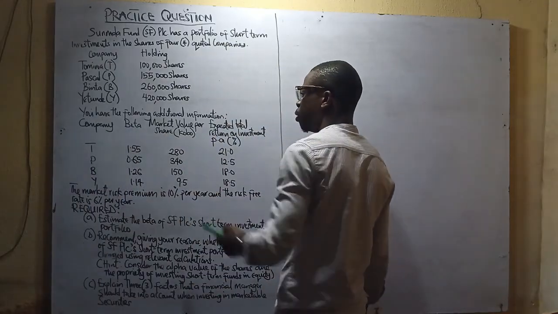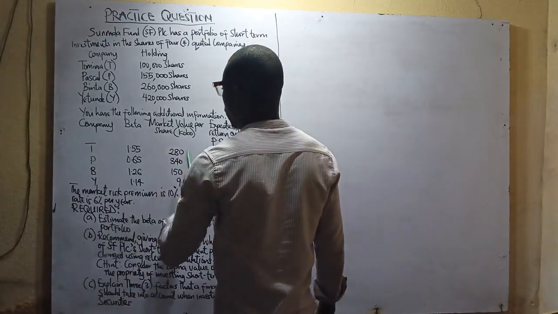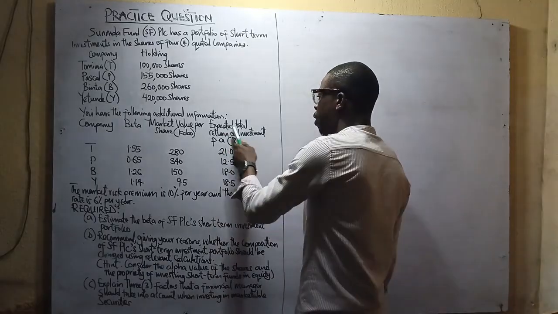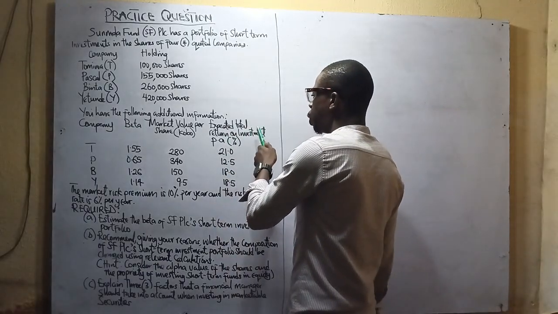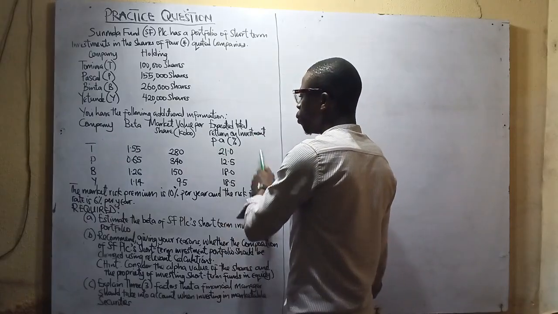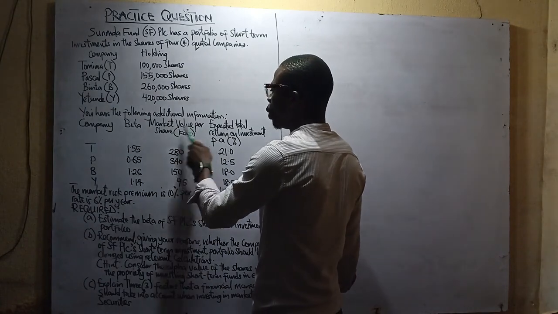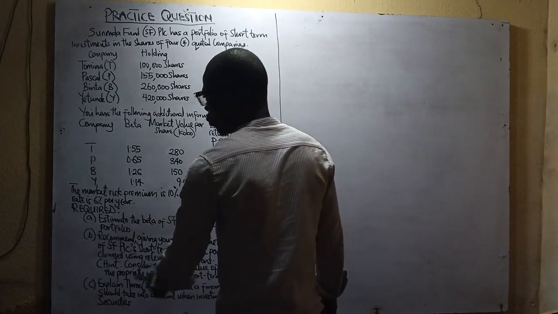We have the beta value, the market value per share, and we are given the expected total return on investment per annum. Don't forget that the market value per share is in kobo.